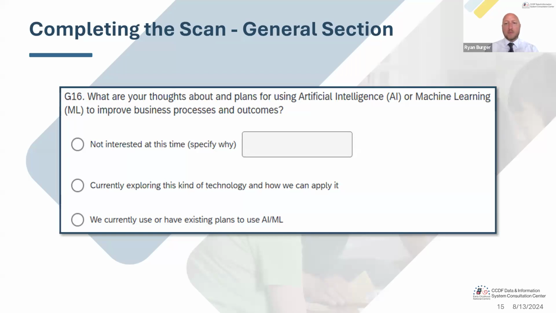So the scan can help to document the current state of AI and ML usage and drive future collaboration, technical assistance, and shared learning opportunities. We also wanted to let folks know that the IT glossary is now available on the DISC website, and this can be a helpful resource for defining further terms like AI, artificial intelligence, and providing childcare examples and context.